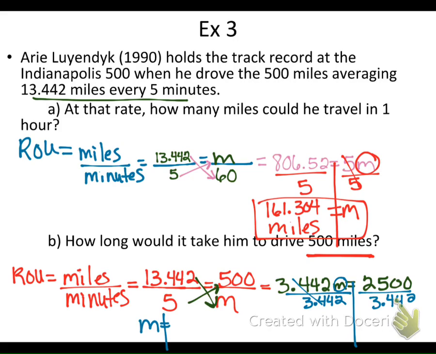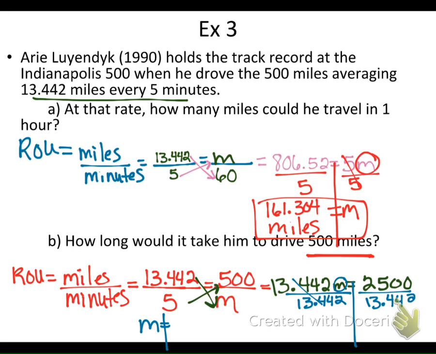So M equals 2,500 divided by 3.442. Where did you get the 3.442? Oh, 13.442, that's an excellent catch. That's why I questioned it. Don't you guys remember I make mistakes? I will admit that I make mistakes.